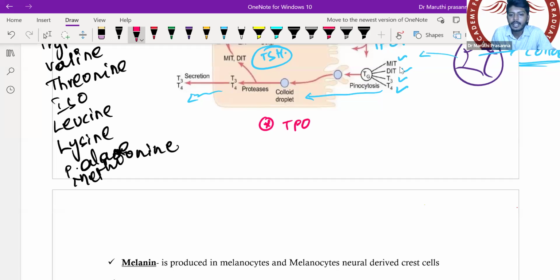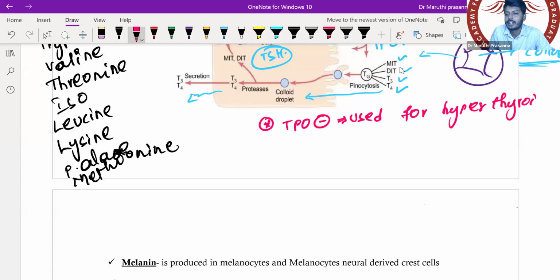TPO inhibitors are used for which disease? Used for hyperthyroidism. Which are the drugs we have? We have carbimazole, methimazole, and PTU.